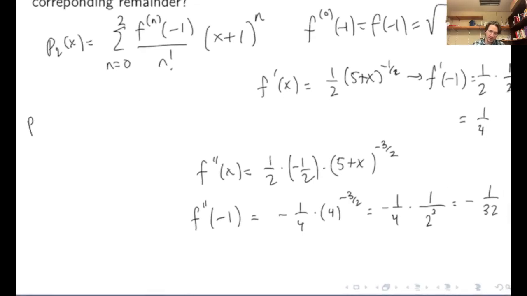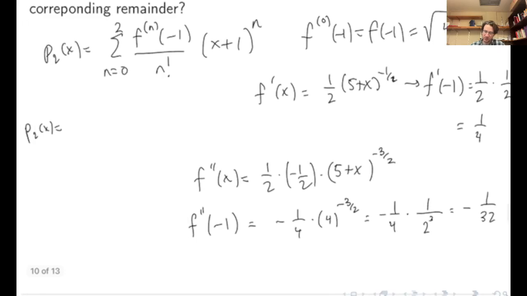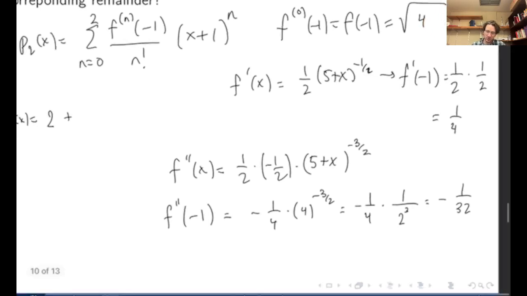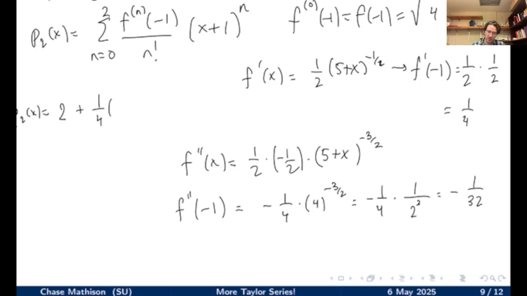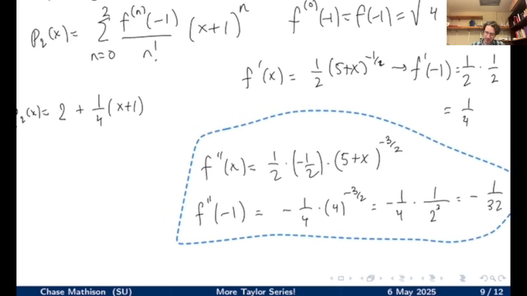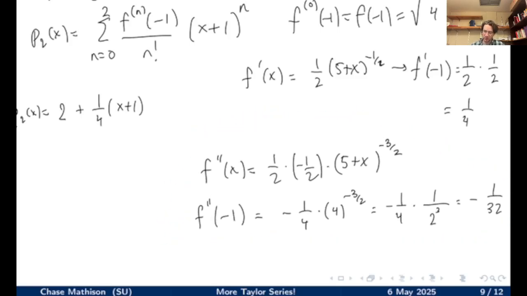Once I start writing this out, P2 of x is f of minus 1, which is 2, plus f prime of minus 1 over 1 factorial, that gives me that 1/4, times x plus 1 to the first. And lastly, we've got f double prime of minus 1, that's minus 1 over 32, divided by 2 factorial times x plus 1 squared.